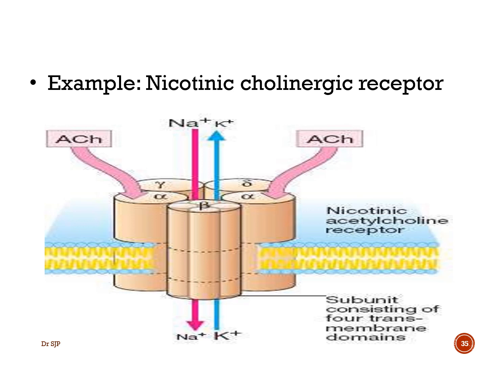All of them pass across the cell membrane and are arranged in such a manner that there is a central pore. In order to activate the receptor and open the channel, one molecule of acetylcholine should bind to each alpha subunit.